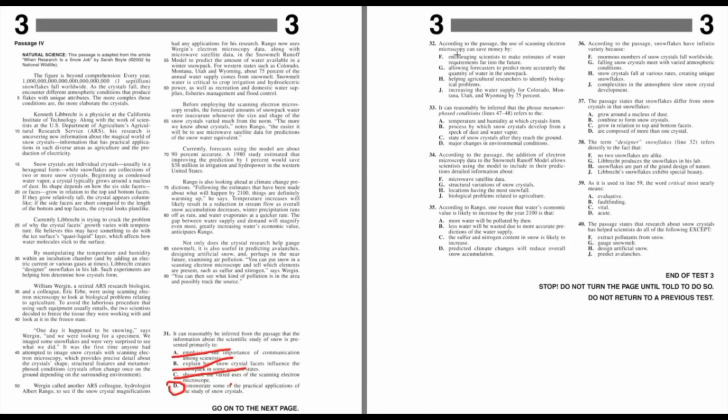Now going to the next question, number 32. According to the passage, the use of scanning electron microscopy can save money by... We can learn more about scanning electron microscopy by looking at lines 45 through 73 in the passage. To summarize briefly, there's a process in which scientists are able to study the structure of snow crystals, and then they use that information to make more accurate predictions as to the amount of snowmelt, the water that comes after the snow crystals melt.